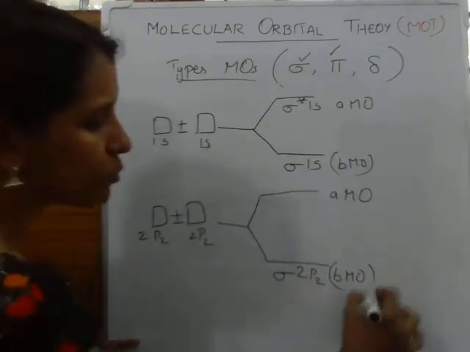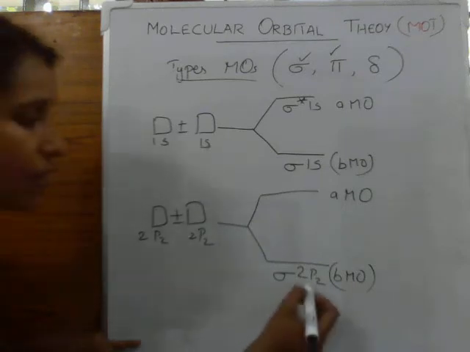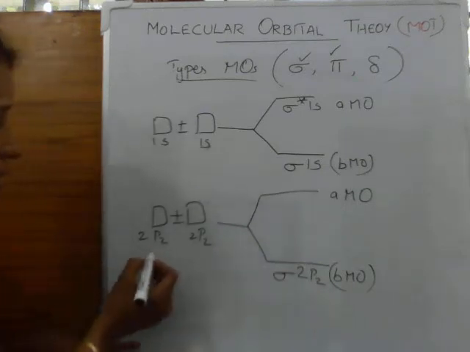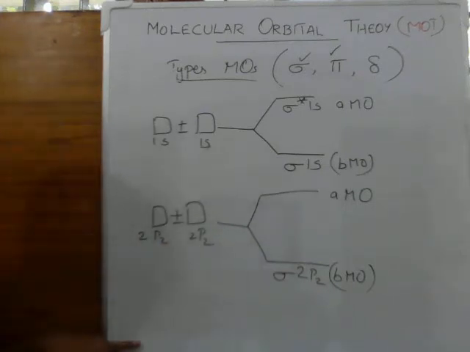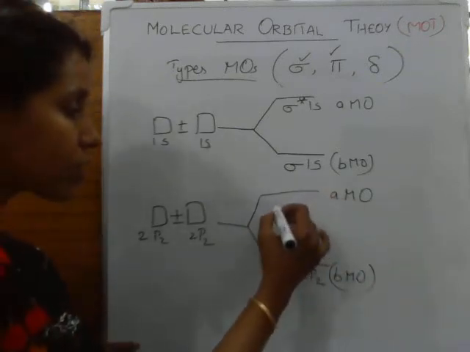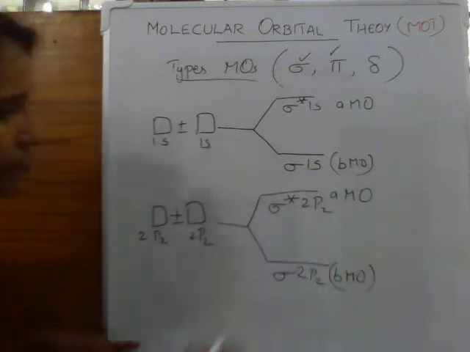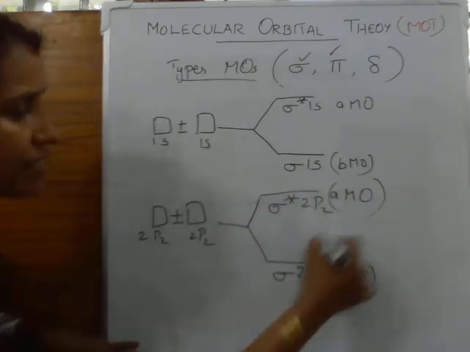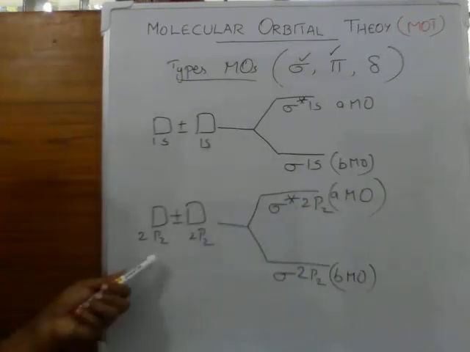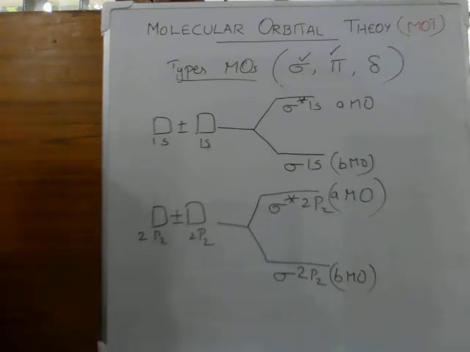This is the bonding molecular orbital. It has lower energy and more stability than the combining pz atomic orbitals. And the anti-bonding molecular orbital is represented as sigma star 2pz. It has higher energy and less stability compared to the combining parent atomic orbitals.